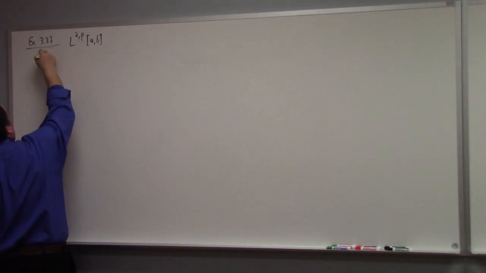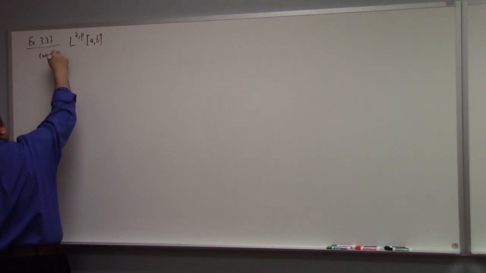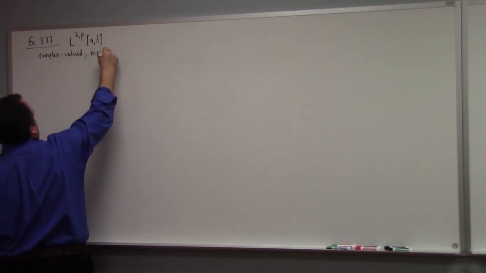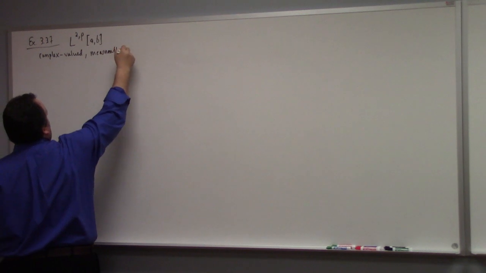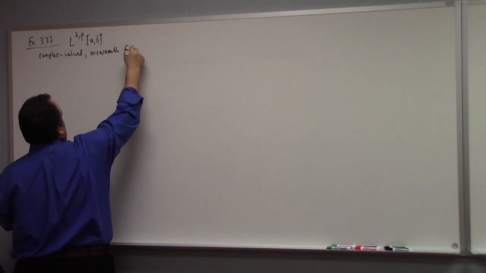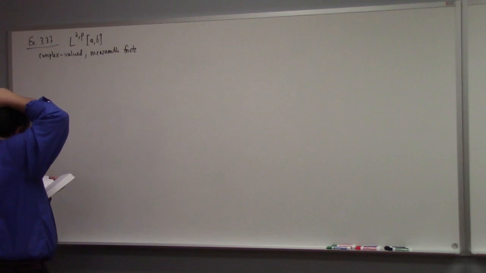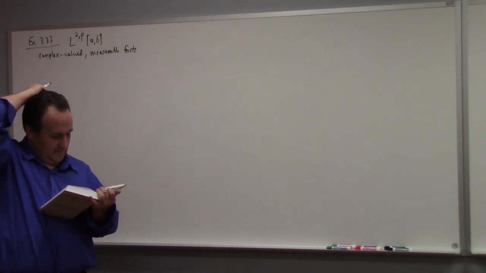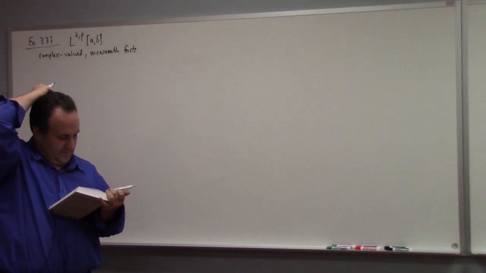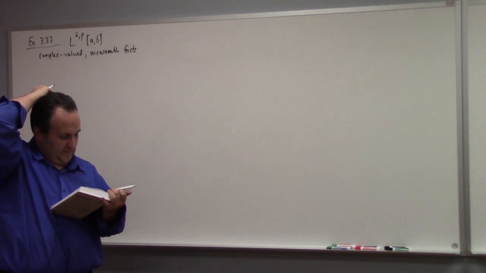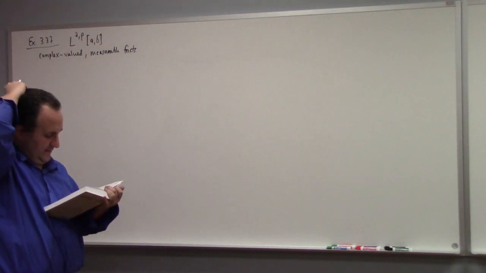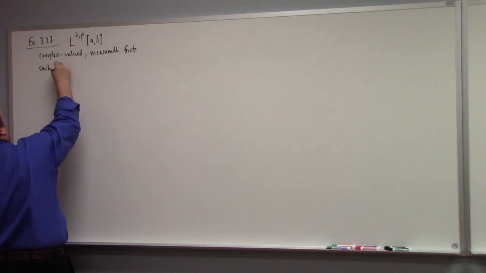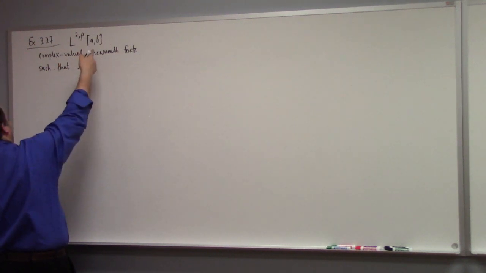So these are complex valued measurable functions on AB. This is the space of all complex valued measurable functions such that, this is the terms and condition for being in this space, all right?